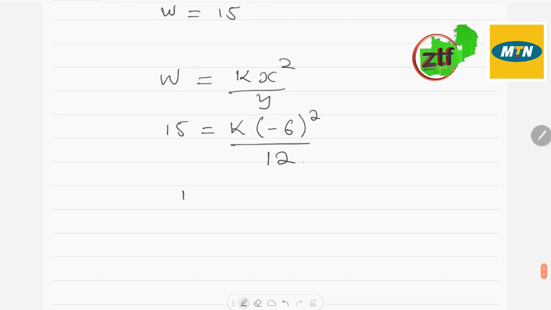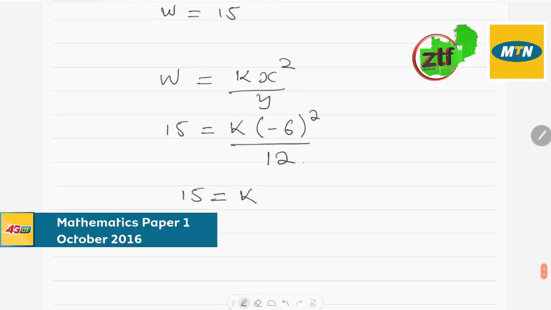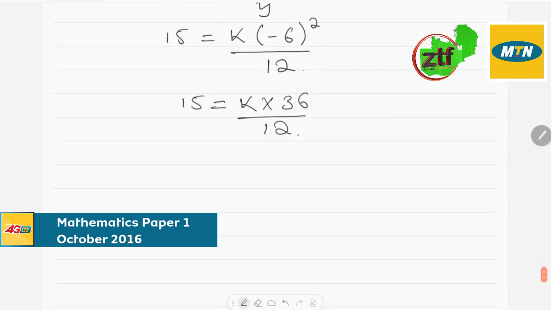So we'll have 15 equals k. Negative 6 multiplied by negative 6, the square of negative 6, gives positive 36, divided by 12. So 15 equals 36k divided by 12.